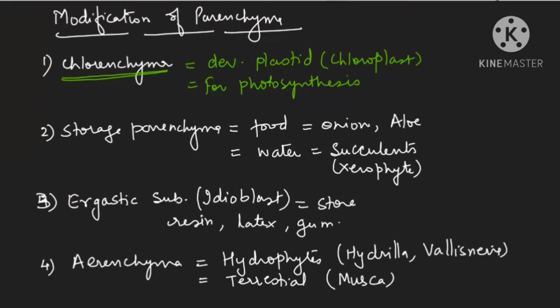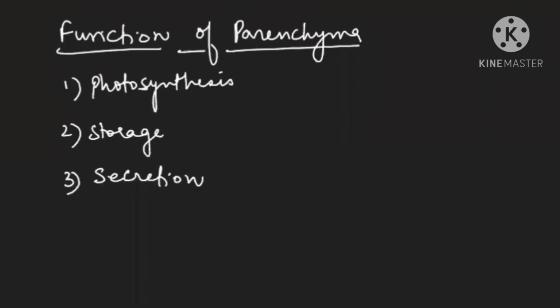Is it clear? Now see what are the functions they will perform. Now see the main function performed by the parenchyma. First is photosynthesis. I think so logic is clear because they are developing plastids. When they are doing photosynthesis, obviously they are storing the food also. The storage can be of the food, or they can store some ergastic substance also.